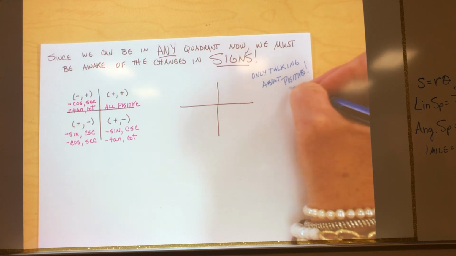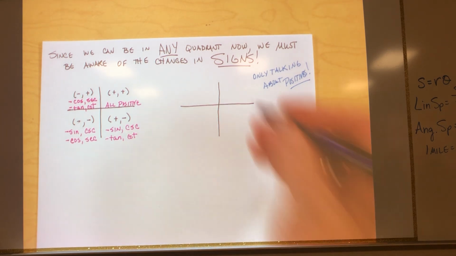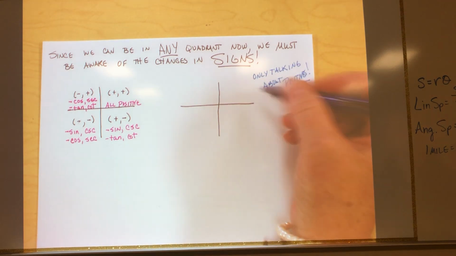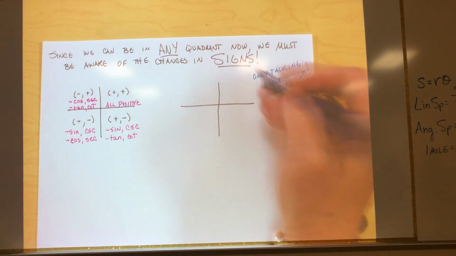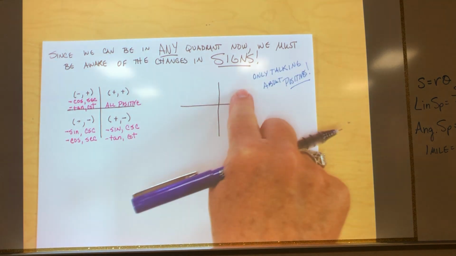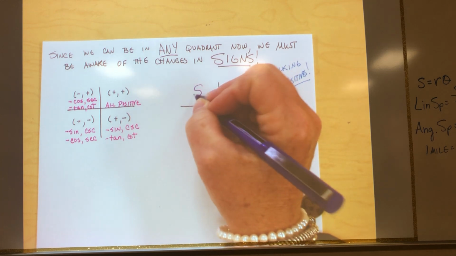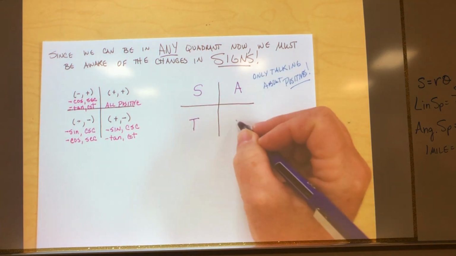Goodness knows, in this world, we need some positives. Alright, so we're only talking about the positives, alright? So this is the way you know it. I'm just gonna write the letters first and then I'll come in and write the words behind it. And then I'll tell you what it means. So I'm fixing to write 3 things around here, alright? So, all students take calculus.